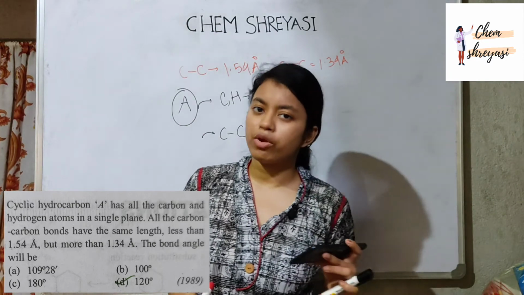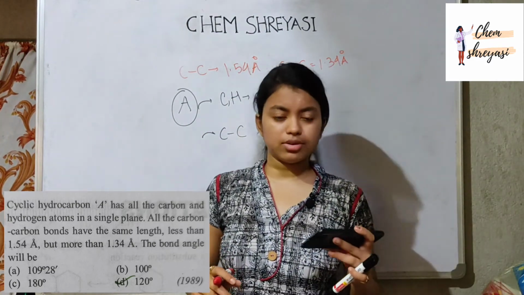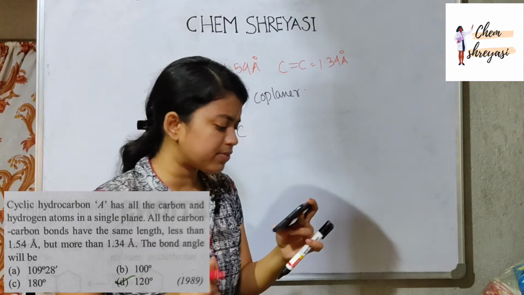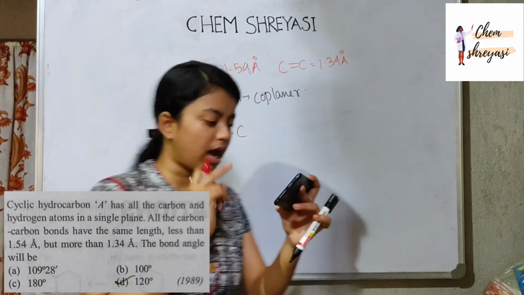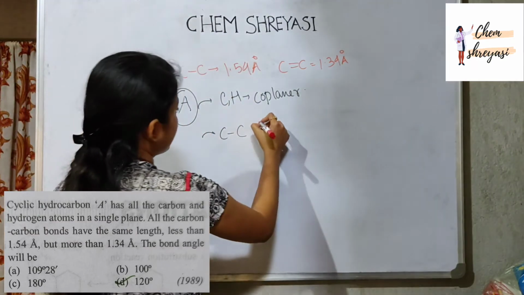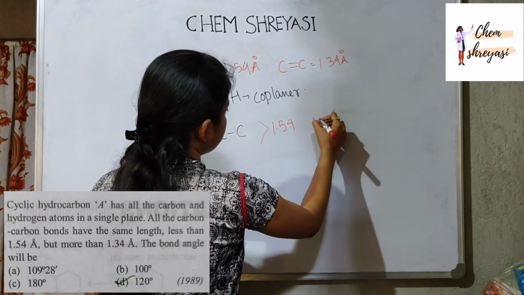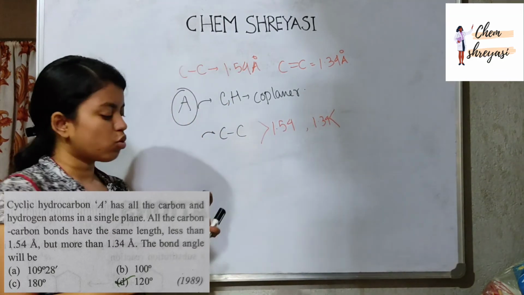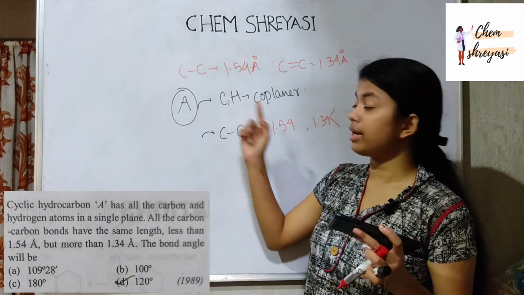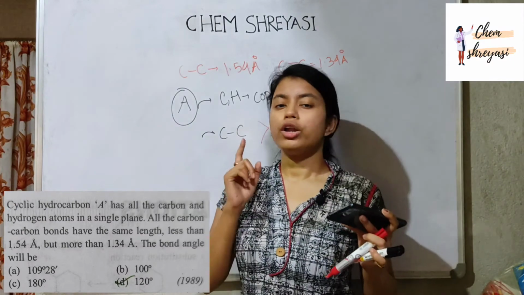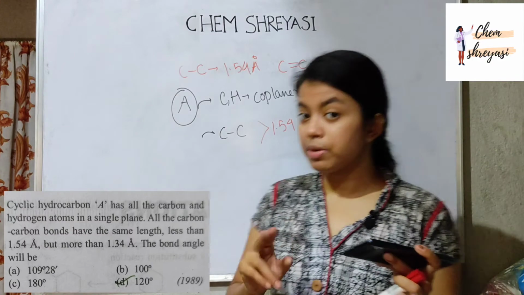But in this case, they have said that the carbon-carbon bond length is less than 1.54 but more than 1.34. So we can understand that the carbon-carbon bonds in the cyclic hydrocarbon are neither single bonds nor double bonds. They must be in between.